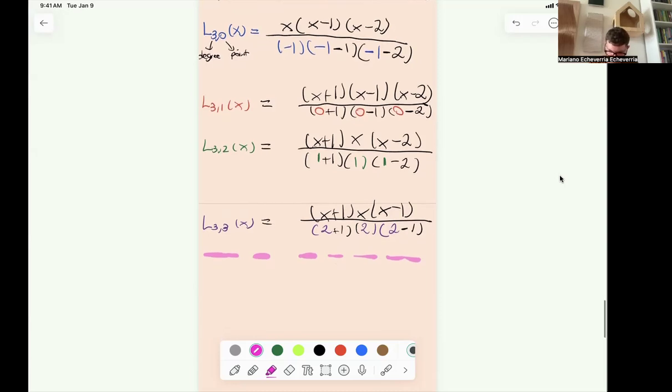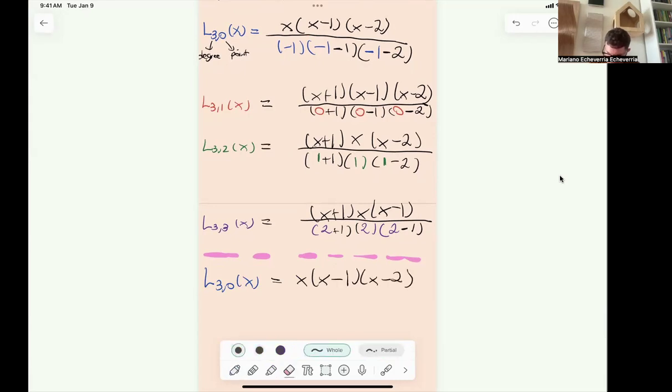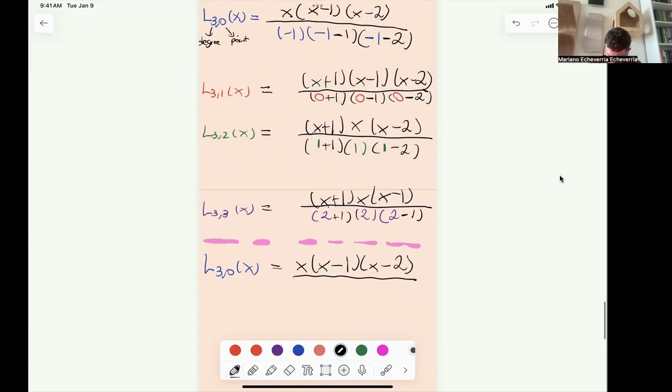So for example, for L30 of x, it would be x times x minus 1 times x minus 2. Let me see if I can do the arithmetic in my head. This would be -1, this is -2, that gives you 2. And then this gives you -3. So 2 times -3 is -6.